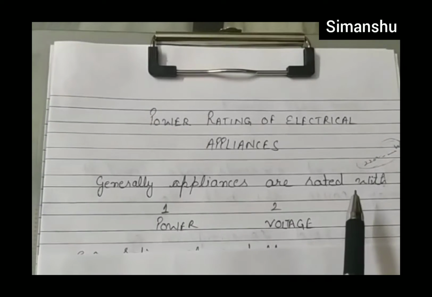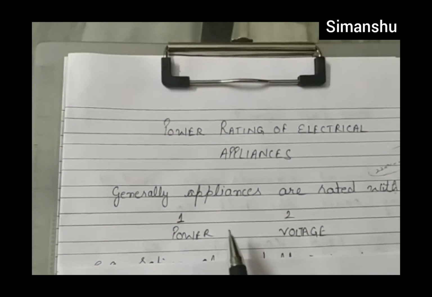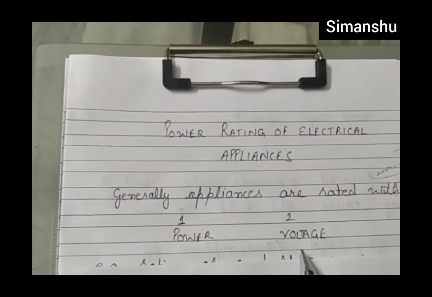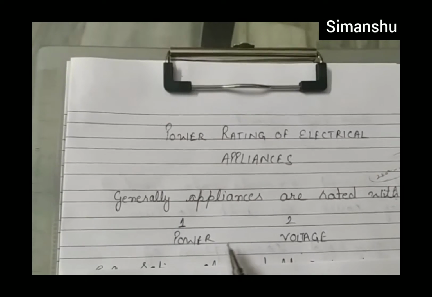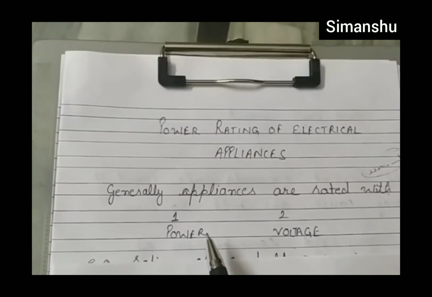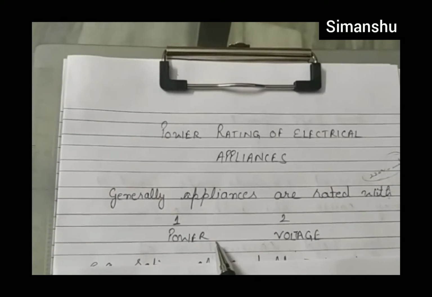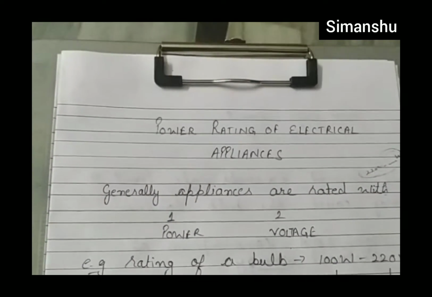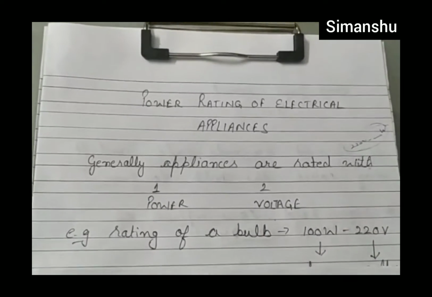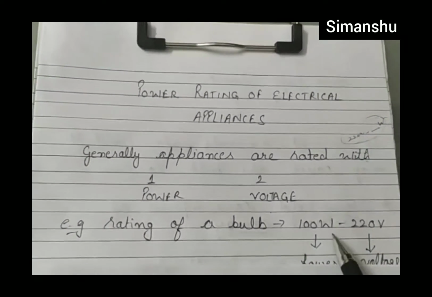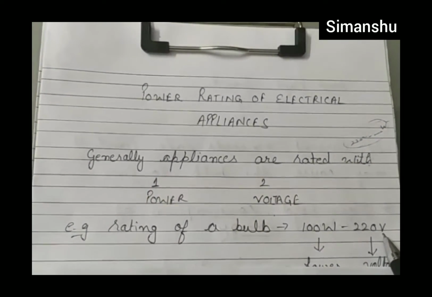Generally, appliances are rated with two things, power and voltage. Means we get appliances with the mentioned power and voltage. For example, if it is written on a bulb 100 watt 220 volt.